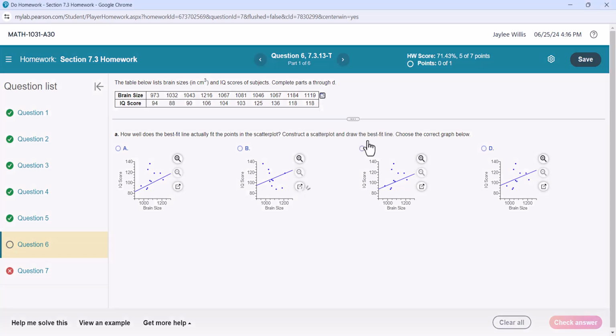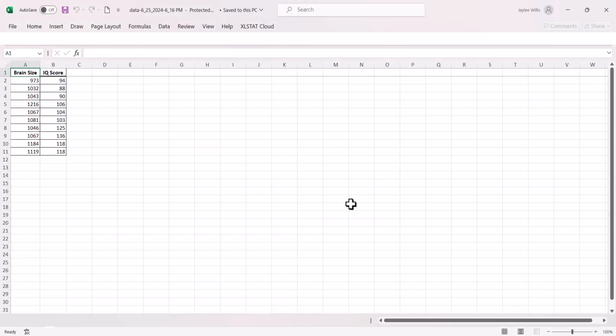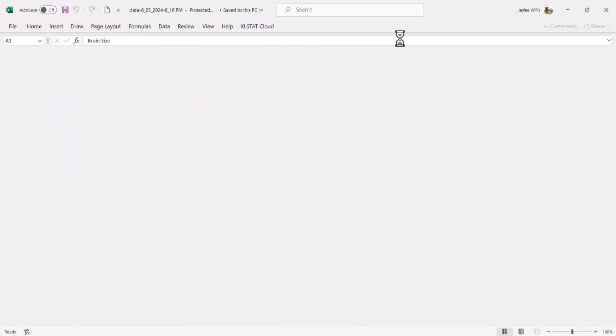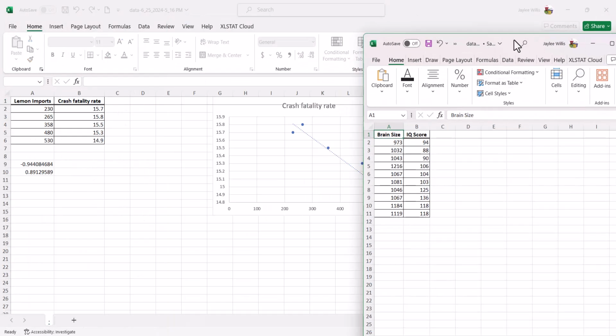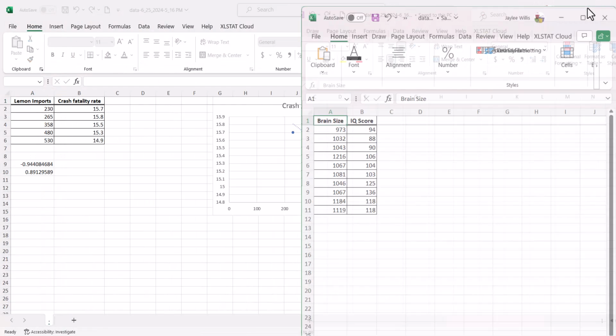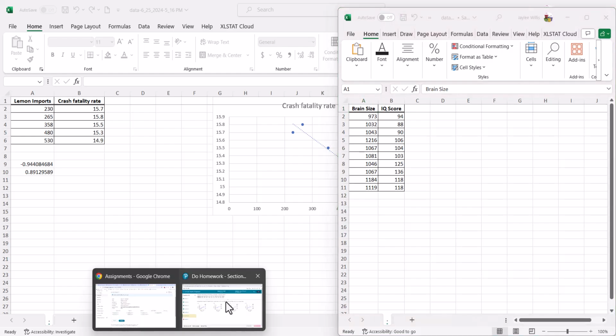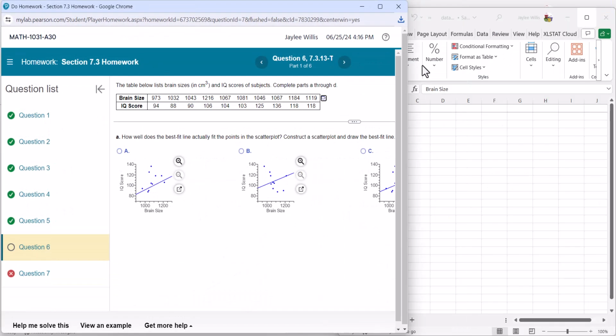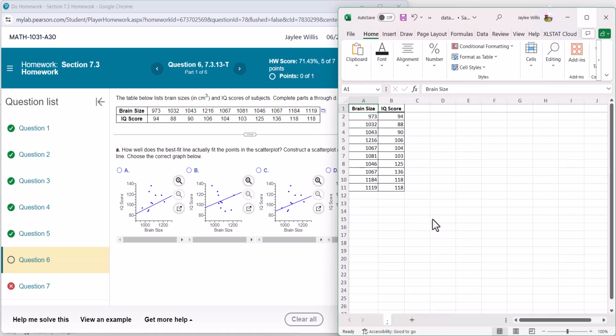So let me go ahead and download this data set in Excel. Awesome. So here we've got this. Open up the homework and have those side by side.